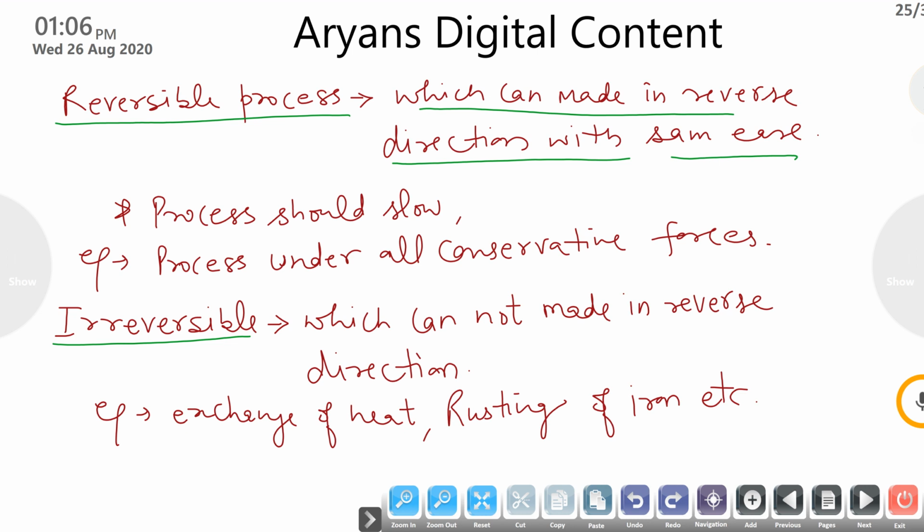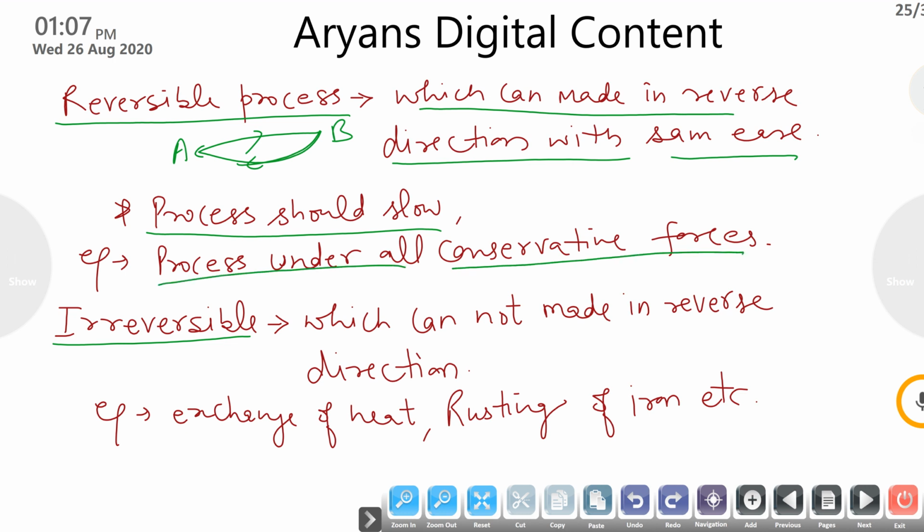Suppose we are going from point A to B, then with the same ease we come from point B to A. This is known as a reversible process, and all reversible processes should be slow processes, and all the conservative forces will do these reversible processes.